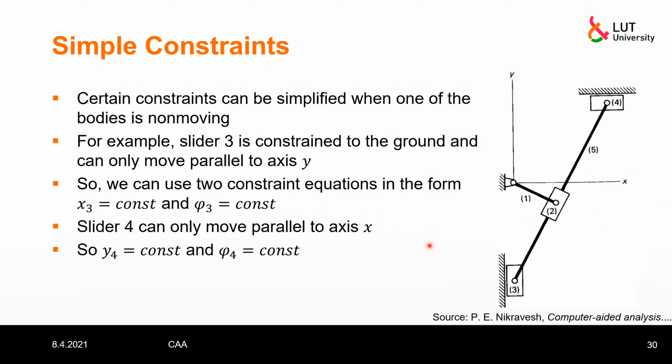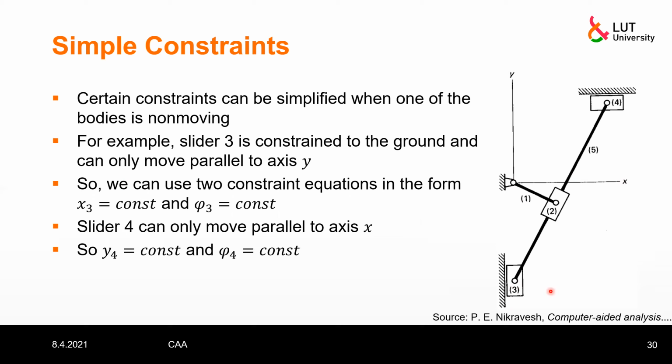Another reasonably useful set of constraints or joints are so-called simple constraints, and we usually describe the simple constraints with respect to ground. So when one body is non-moving, we can tell, for example, for that translation of slider 3, with respect to global coordinates, that for that motion, x3 is always constant.